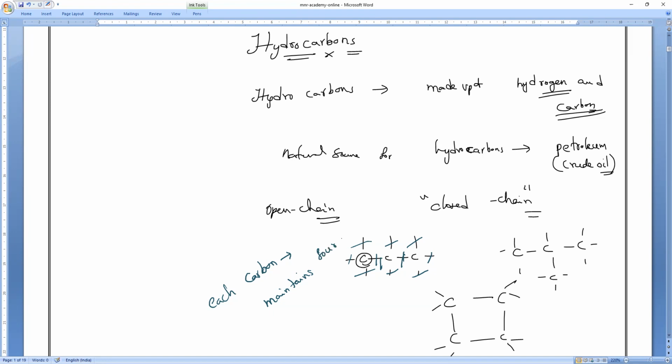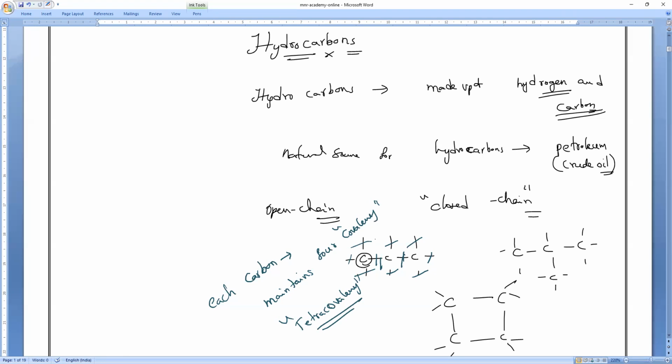That is 4 covalency, what we call tetracovalency. Please note it. Each carbon has to satisfy 4 bonds.